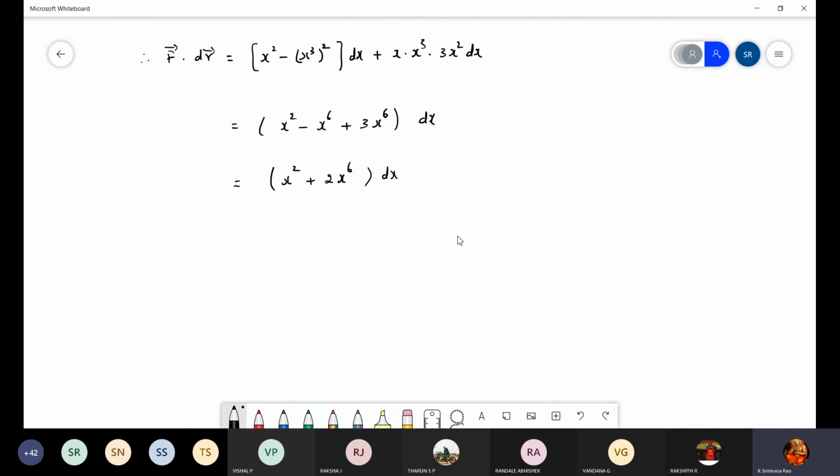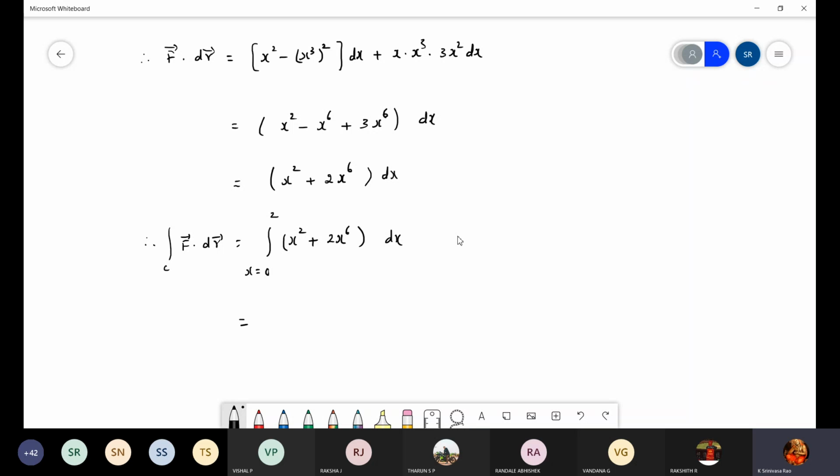Therefore, what is the integration? So therefore, the line integral over C of f dot dr equals the integral of x square plus 2 times x power 6 dx, where x is from 0 to 2.